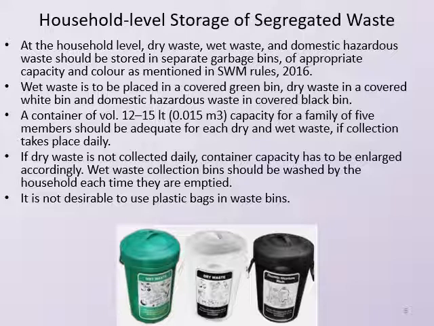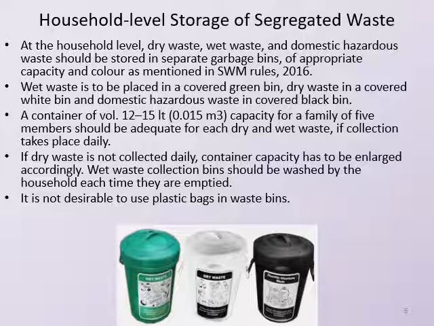As per this rule, at household level also we should segregate the waste into dry waste, wet waste and domestic hazardous waste. Wet waste is to be placed in a covered green bin. There is one diagram at the bottom of the slide.